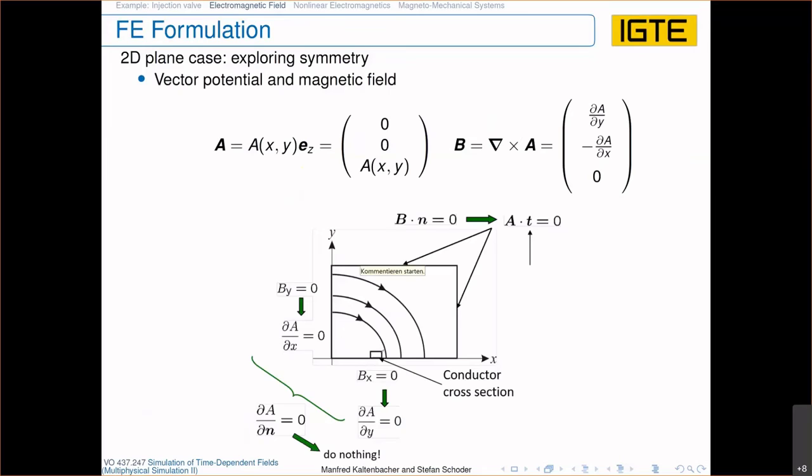So I just have half of the conductor where the current was going out of the plane. And so along this line here we have symmetry, and along the y-axis we also have symmetry. So there is nothing to be considered at our outer domain, which is this part here.